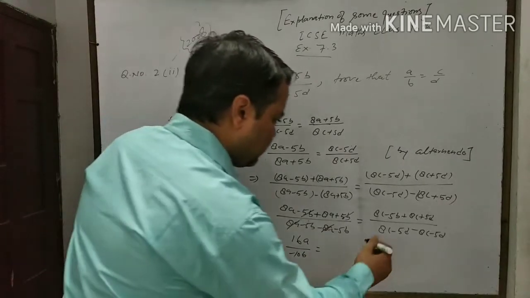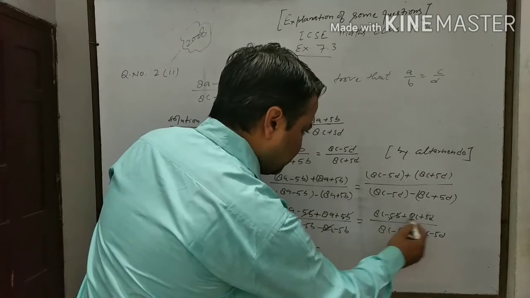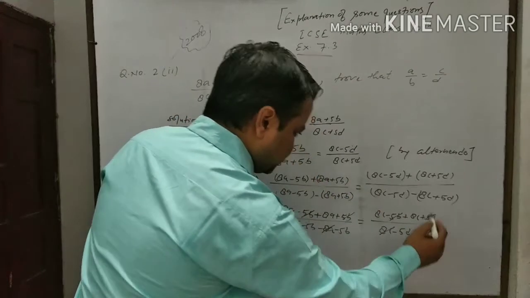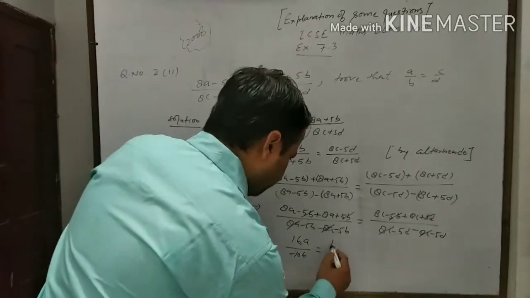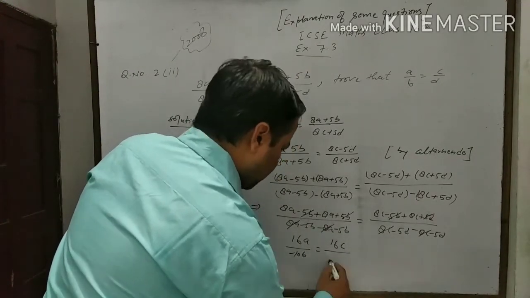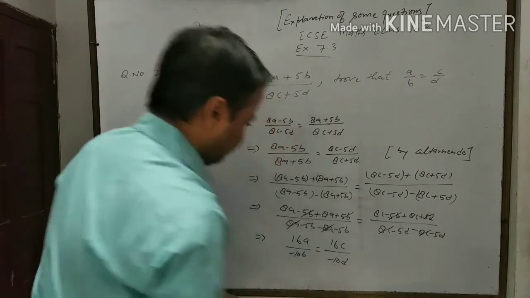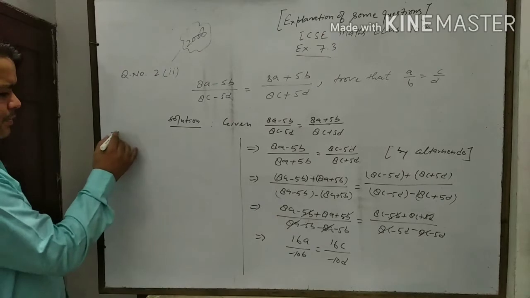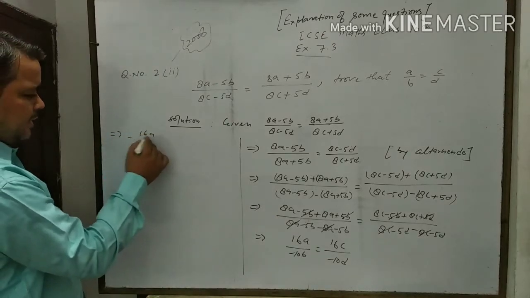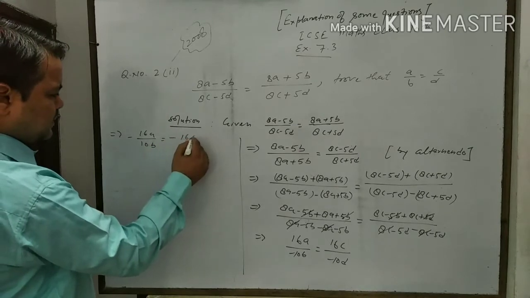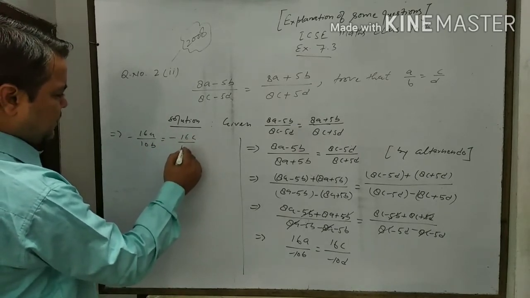Similarly here 5d cancel and 8c minus 8c cancel. Again here will be 16c upon minus 10d. Now see here, it will be minus 16a upon 10b equal to minus 16c upon 10d.